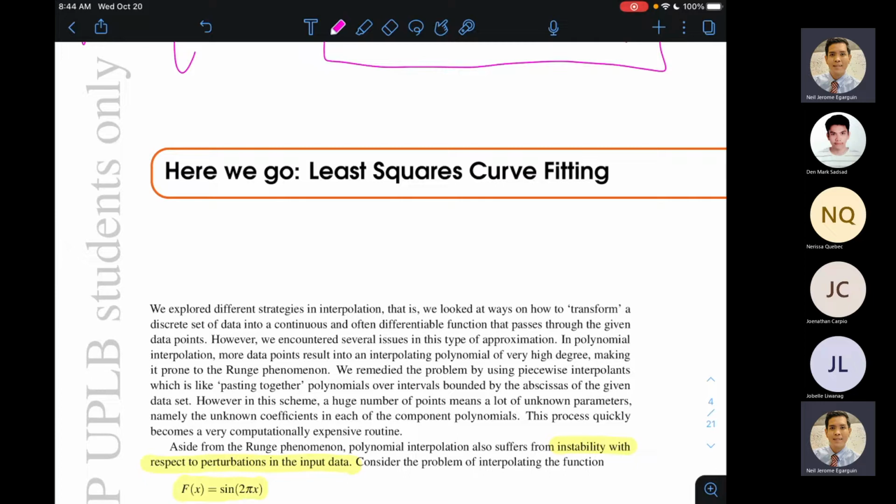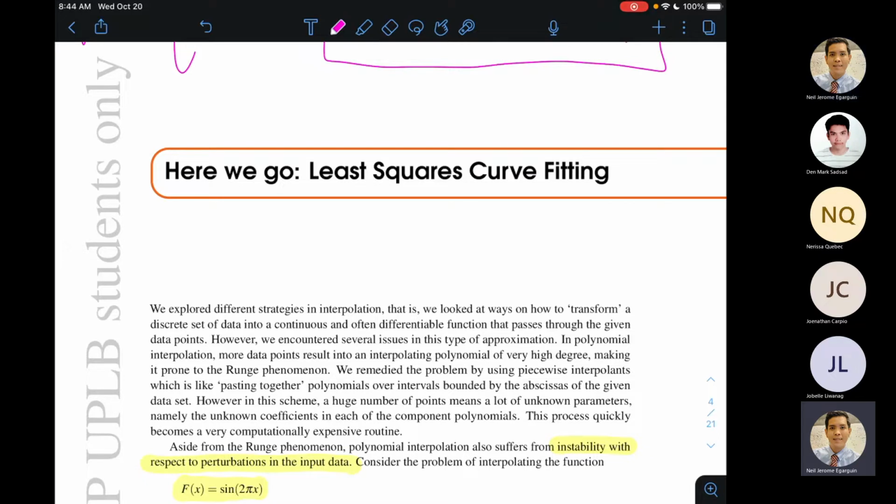Okay? Which seems to be fair and a nice remedy to the Runge phenomenon. Kaya lang ang problema, pag marami kang data points, so ibig sabihin komplikado yung pag-derive ng cubic splines sa piecewise linear interpolants kasi marami kang hinahanap na parameters.